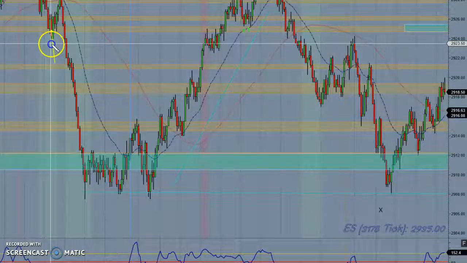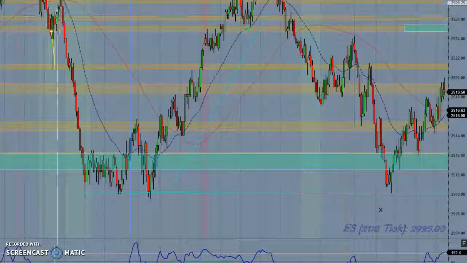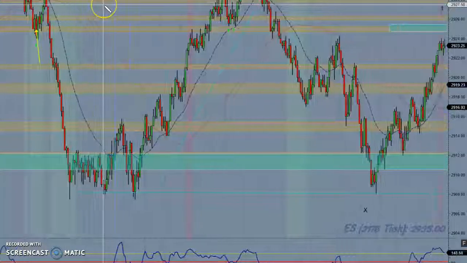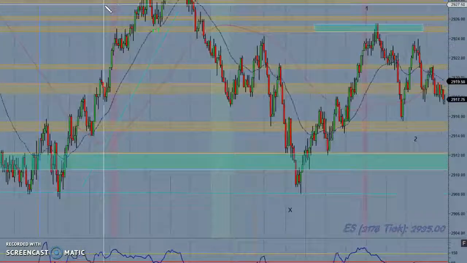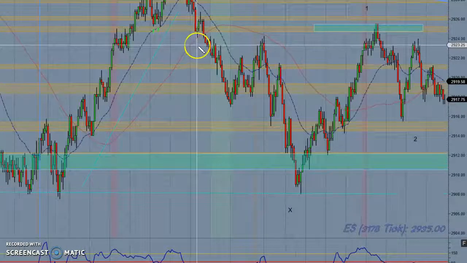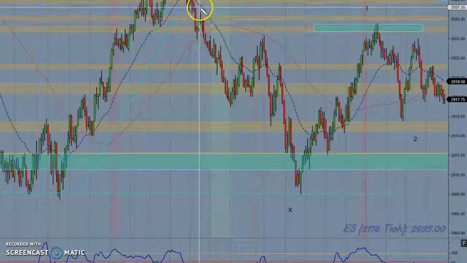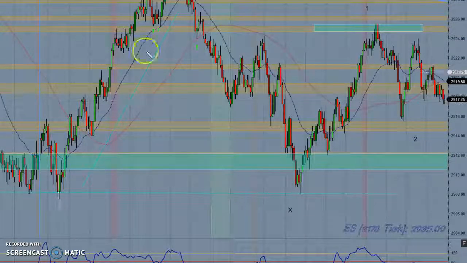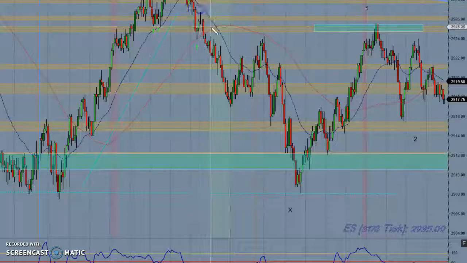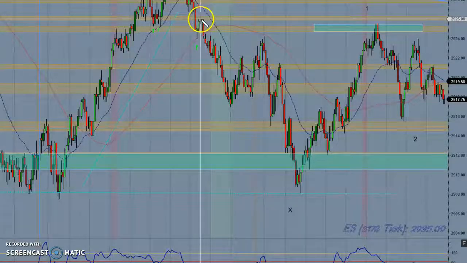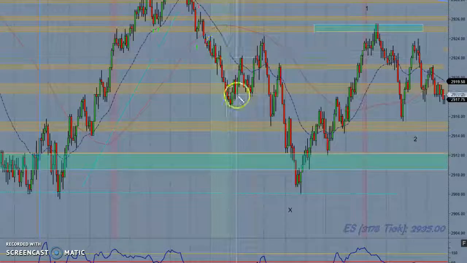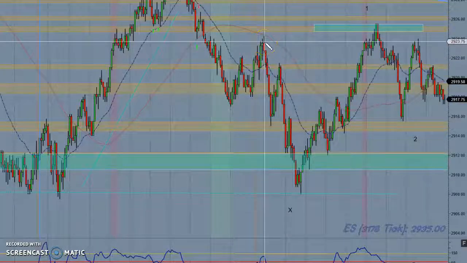Once it blew, it made a U-turn and then checked these two levels. Now when we went back right here, what did the market do? It went back and got rejected at that level, at this area. Okay, this is crap.